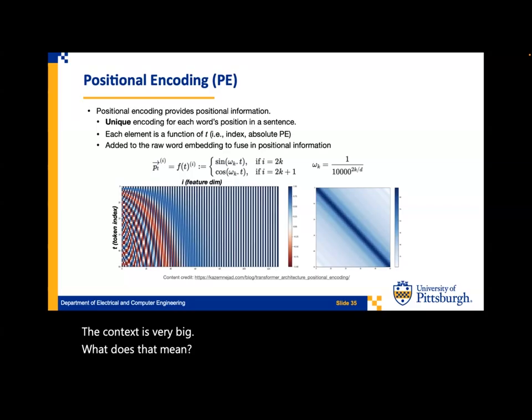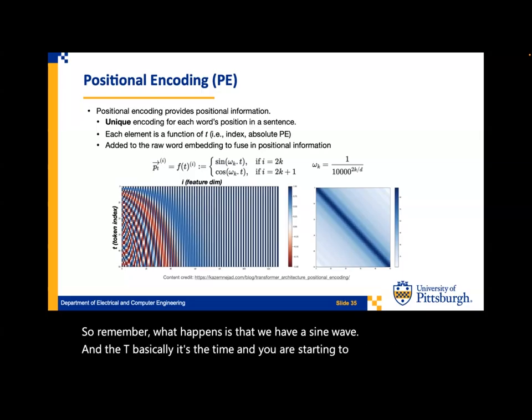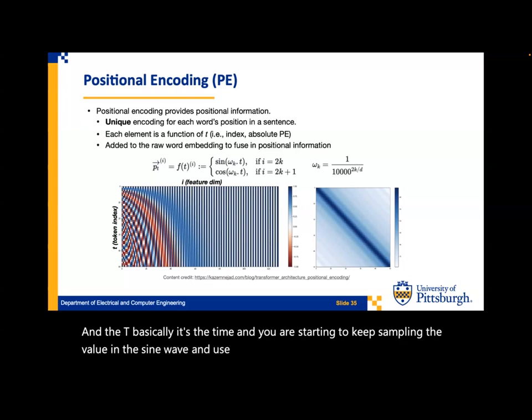So remember, we have a sine wave, and t is the time, and you keep sampling the value in the sine wave and use that value as the value in the first column. So when the context increases, what does that mean?